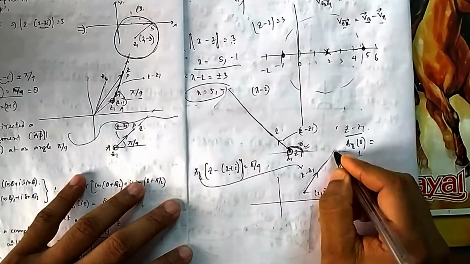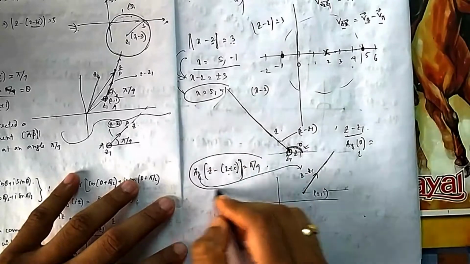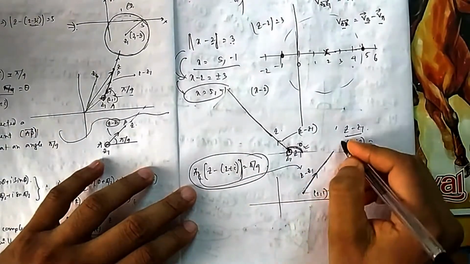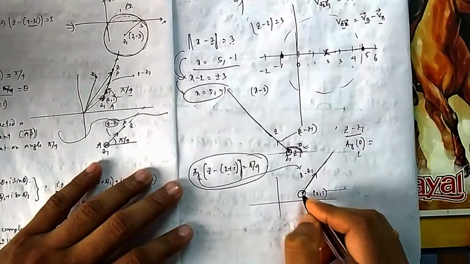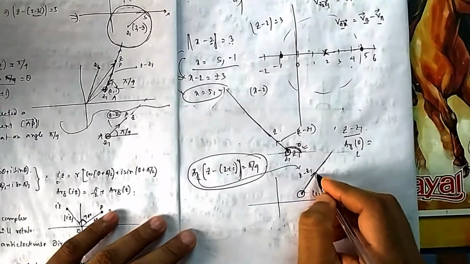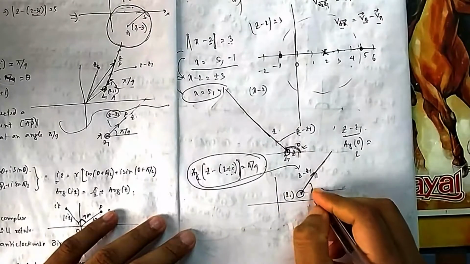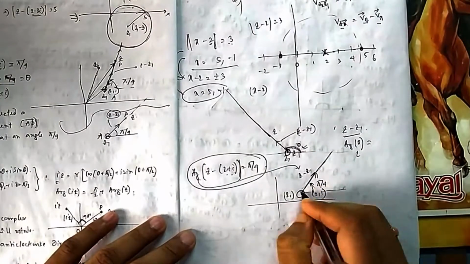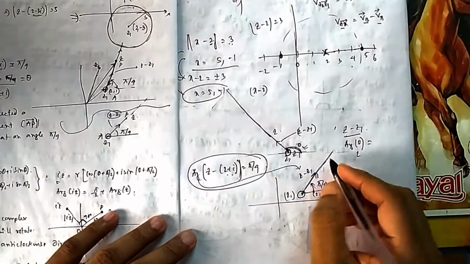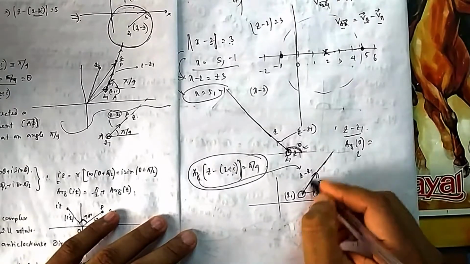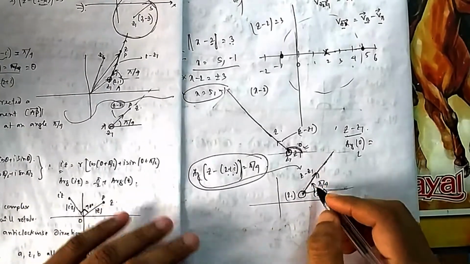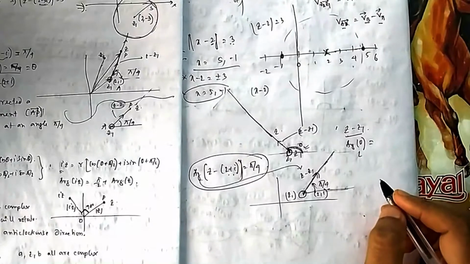Because z can lie only on this line, not including this point, it will represent a ray from the point (2, 1), from the point z1, outward, so that the angle remains pi by 4 with the horizontal. Anywhere you put z, this line will represent z minus z1, and the angle of that is fixed at pi by 4.